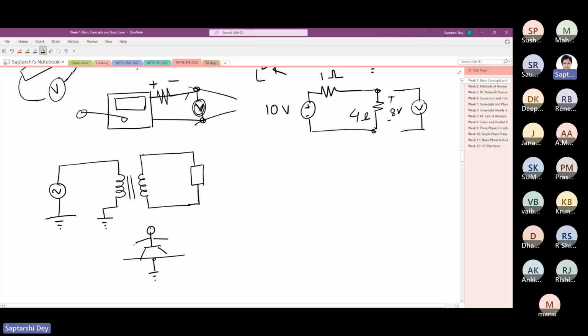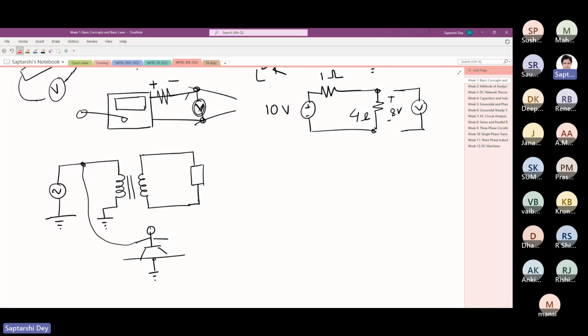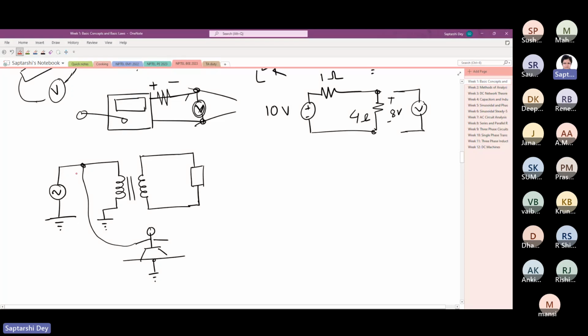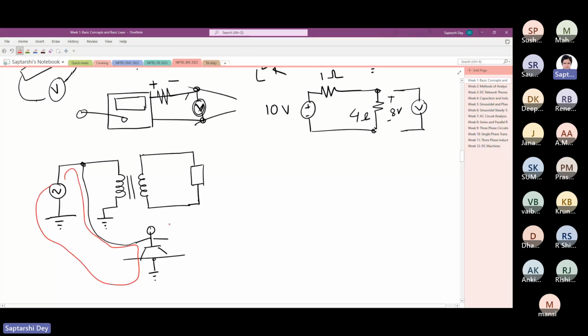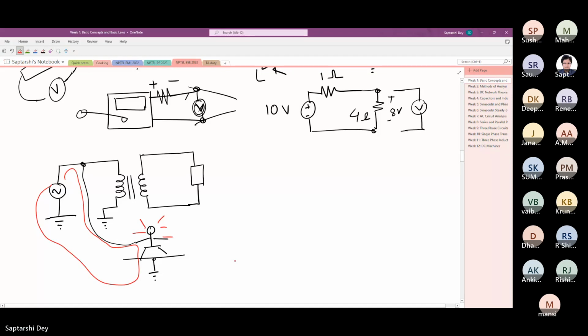Now, if this person touches the AC source here, touches this wire, what will happen? Current will flow through the body, through this ground and this. So this person will get a shock, because current is flowing.